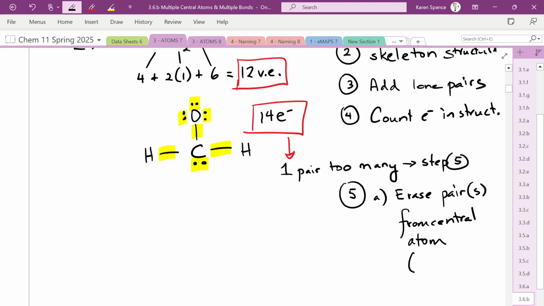So in this case, 1 pair. All right, so I'm going to redraw it so you can see what it looks like, but you can just erase. Okay, I'm going to redraw it. Okay, so that's what it looks like with that pair erased.